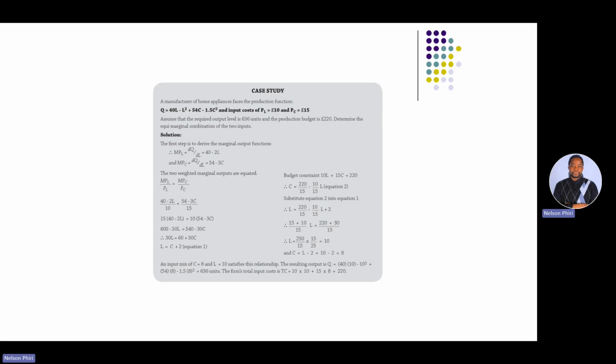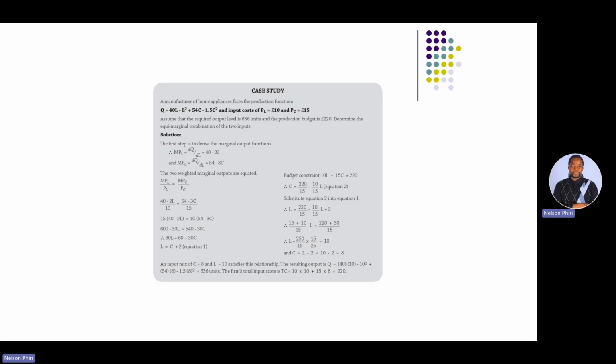When you solve this, it gives you a value of labor of 10 and a value of capital of 8. So we have this input mix of capital units of 8 and labor units of 10, which satisfies the relationship. And if you substitute this, you discover that your quantity is 636 units.